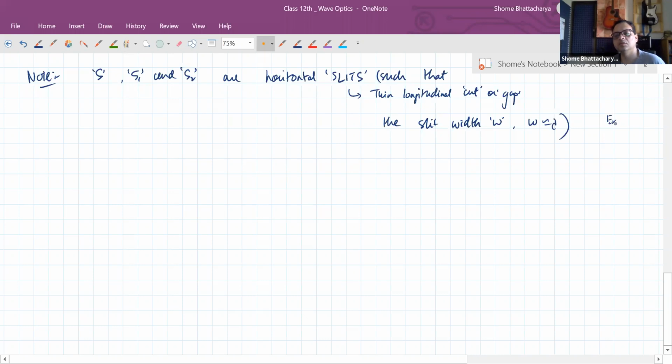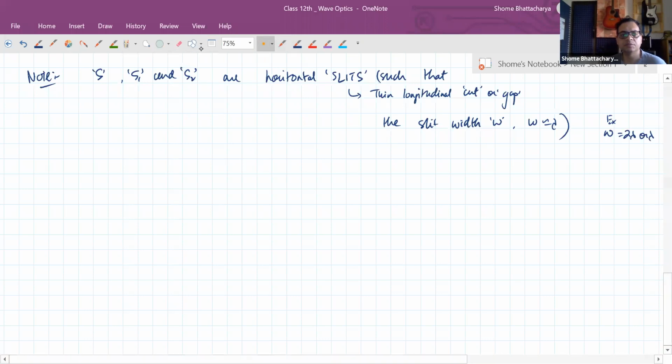So for example, that slit width will be 2 lambda or lambda or something like that. Because if the slit width is too much compared to lambda, there is some additional complication that happens, and that is diffraction effect. And we will understand diffraction effect in more detail later.